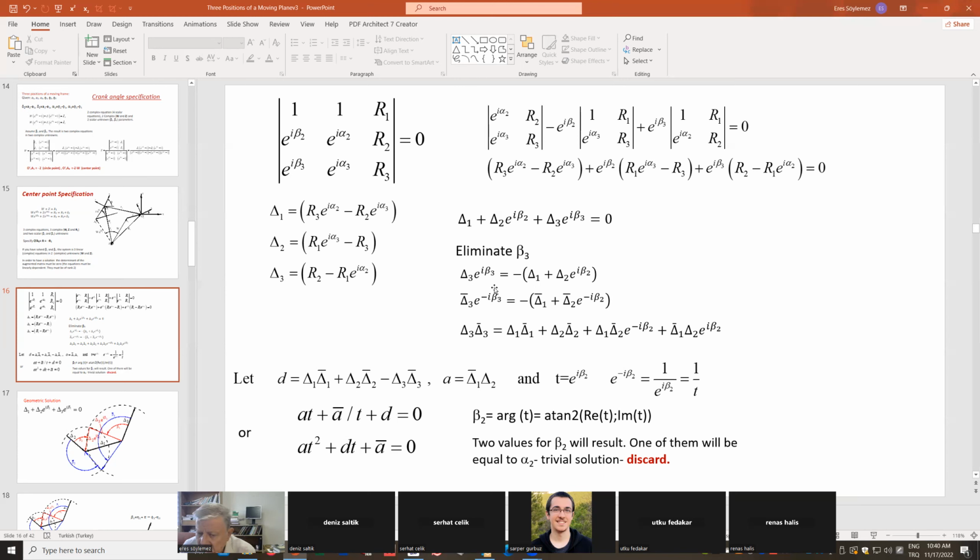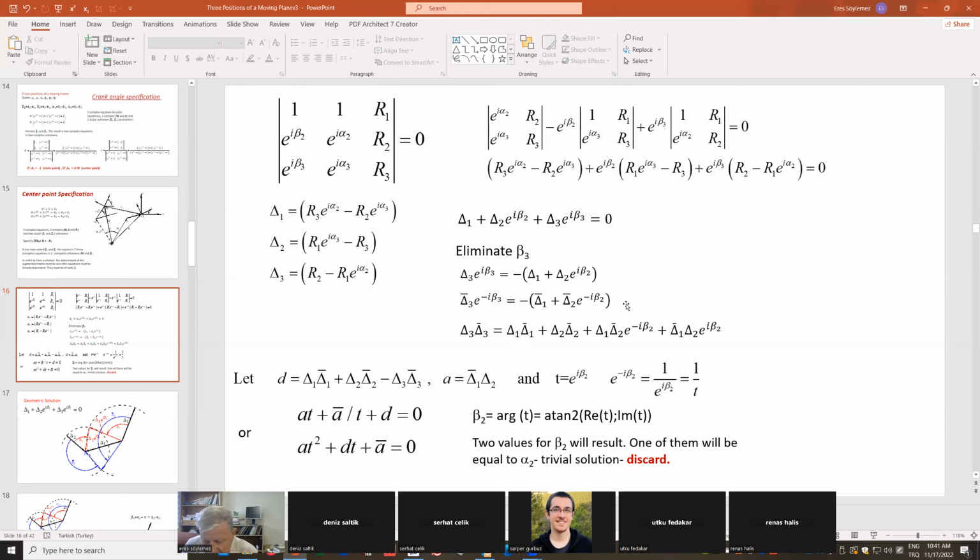Now, what we do is multiply these two equations side by side, which will eliminate beta 3. I'm sure you have done this in the case of a four-bar to eliminate the coupler angle. So the term is delta 3 bar delta 3, e to I beta 3 times e to minus I beta 3 is equal to e to I 0, which is equal to 1.